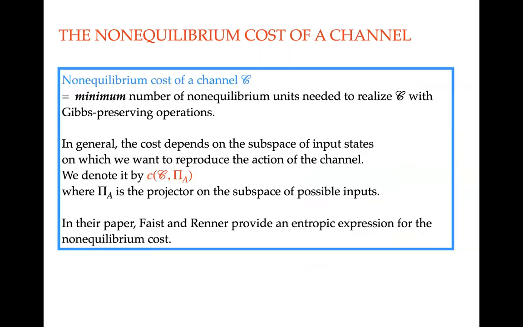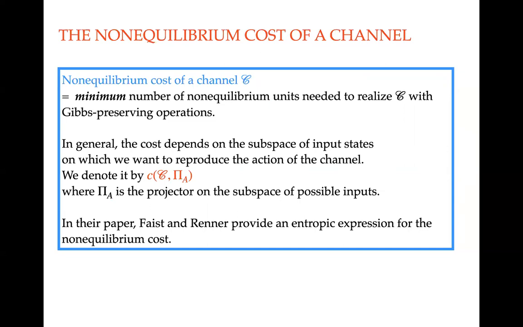Now, of course, for a given channel, you may have many physical realizations, so you would optimize over the choice of physical realization. So you try to find the minimum n prime minus n over all possible realizations that use these resource qubits and Gibbs preserving operations.